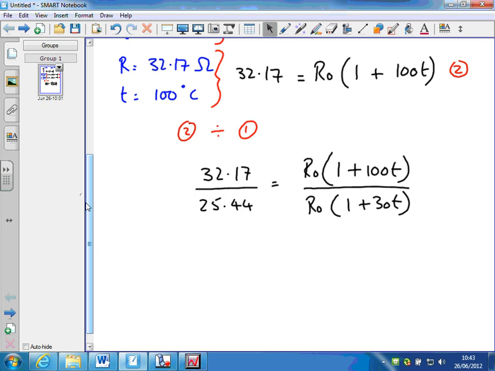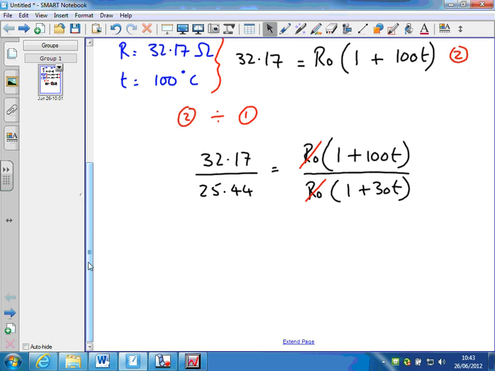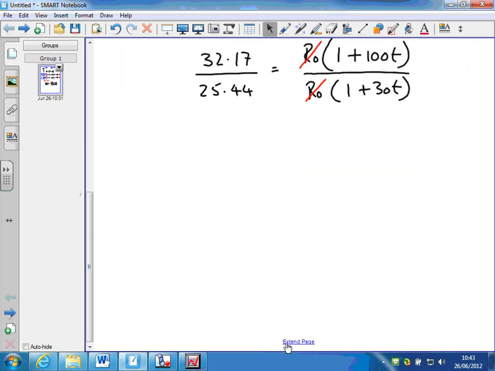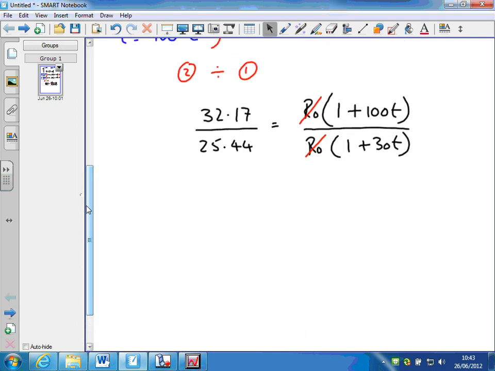Now if you look at the right hand side, we've got a factor of R0 top and bottom, so I can divide top and bottom by R0, which effectively cancels out the R0s. So now I've only got one unknown. I've got that 32.17 over 25.44, which I can work out, equals 1 plus 100T over 1 plus 30T. Multiply both sides by 1 plus 30T to get rid of that at the bottom, and then carry on. See if you can go from there. I'll pause.